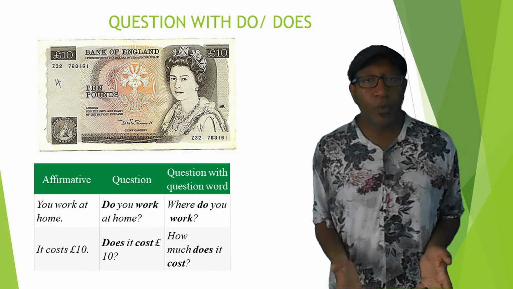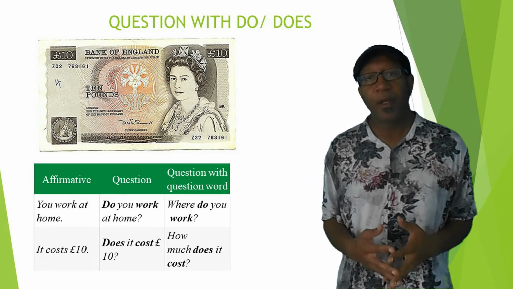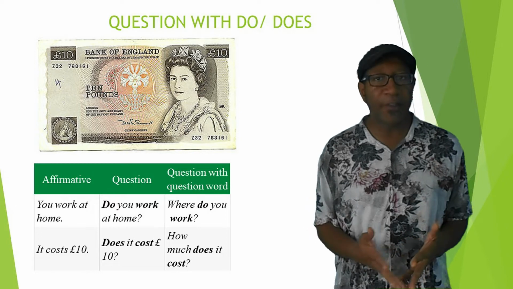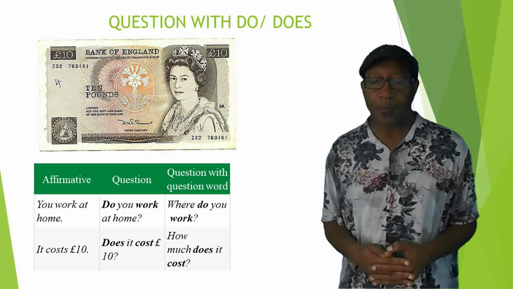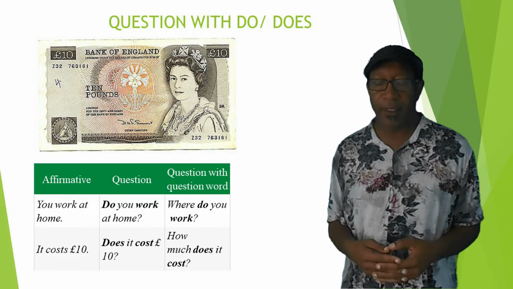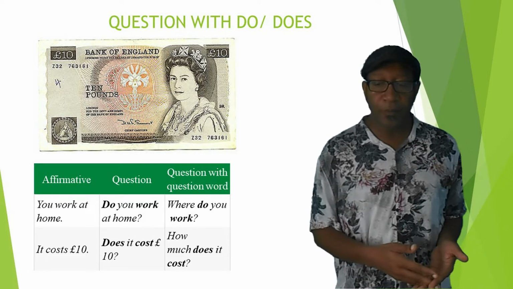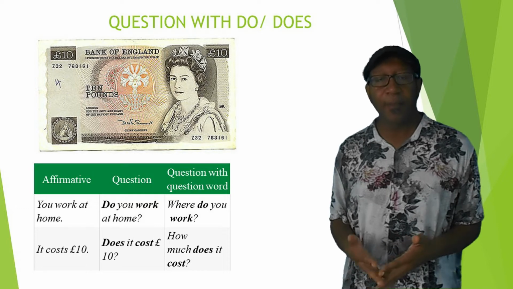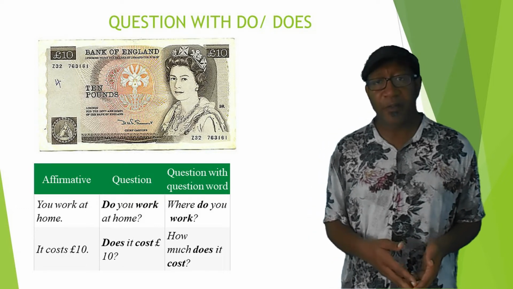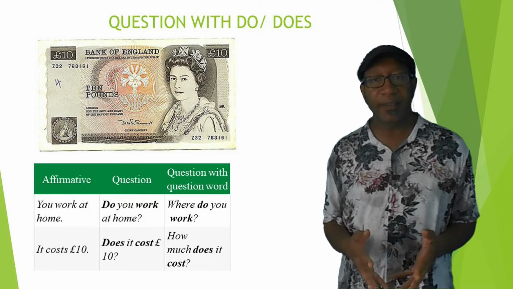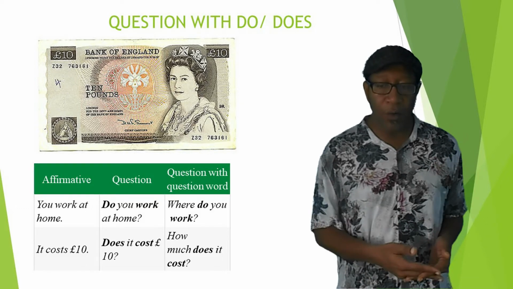You can also make questions with the auxiliary verb do or does. We have here in this image, this table, the affirmative: you work at home, it costs £10. When you use the auxiliary verb do or does, it becomes: do you work at home?